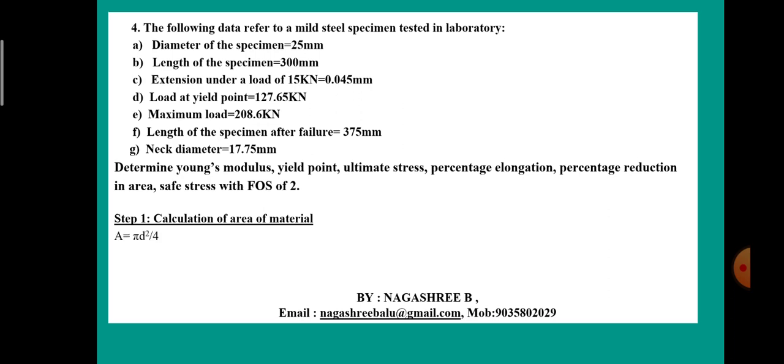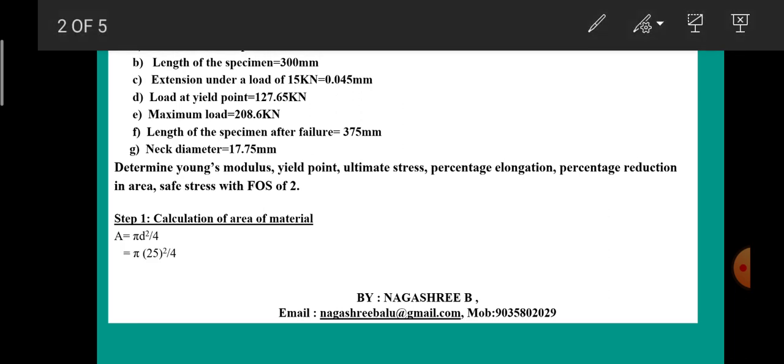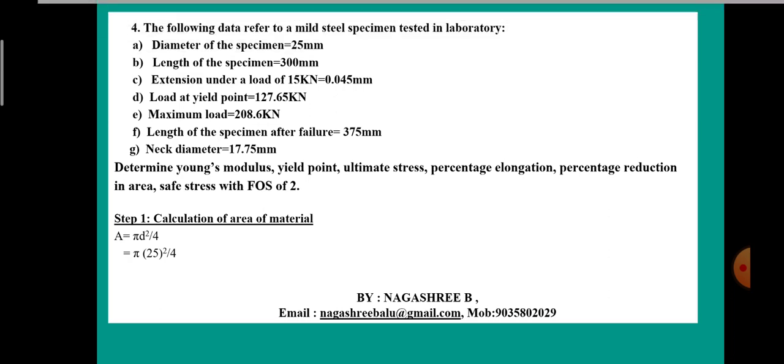Since the diameter is given, it is a circular cross section, where the area is pi d square by 4, with d as 25 mm. So pi into 25 square by 4 is 490.87 mm square.